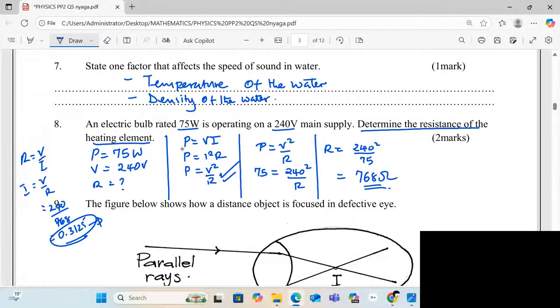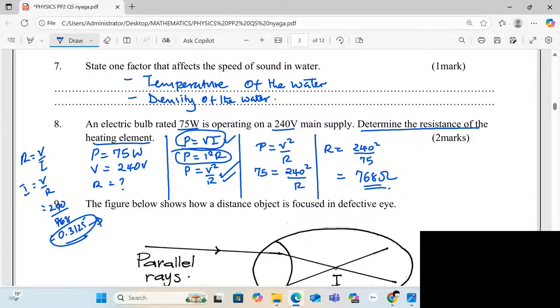If we substitute this in this or this, are we going to get the same thing? Let's have a trial. The first one, this: 240 times 240 divided by 75, 768.